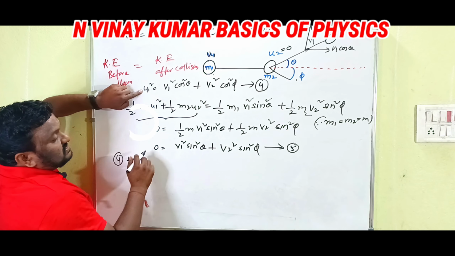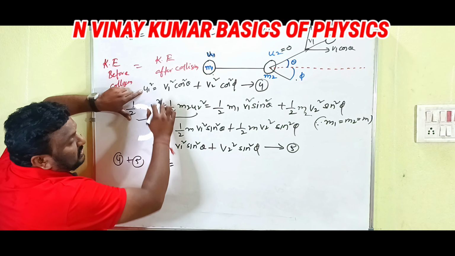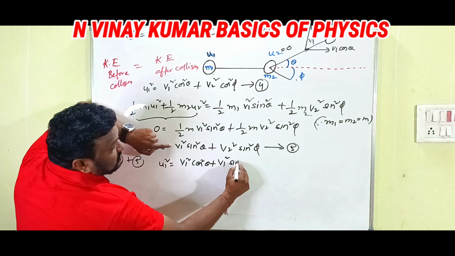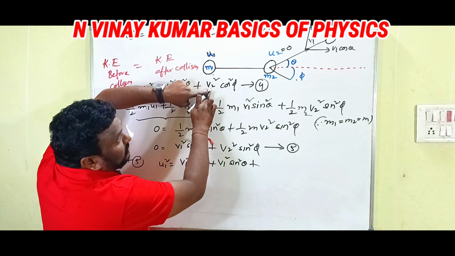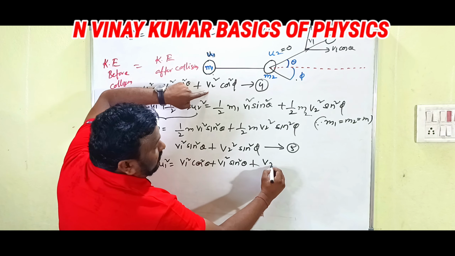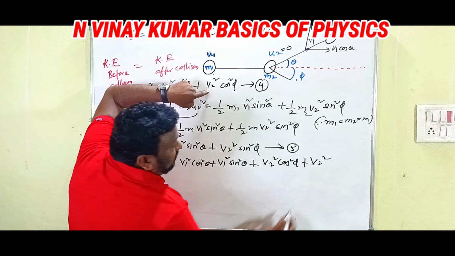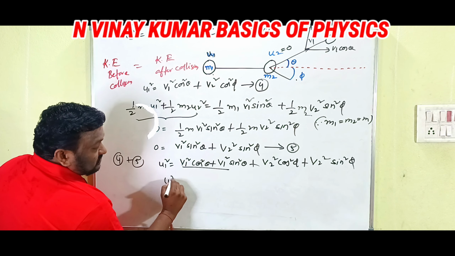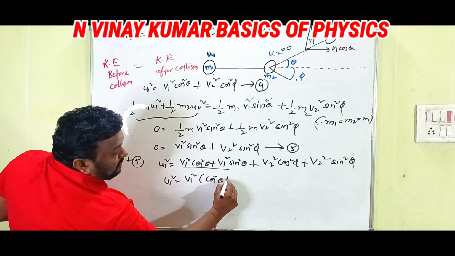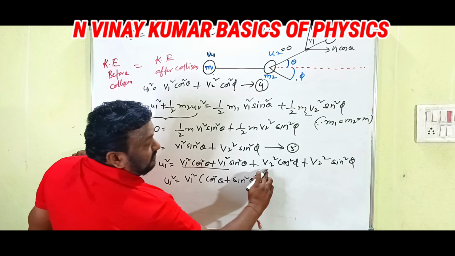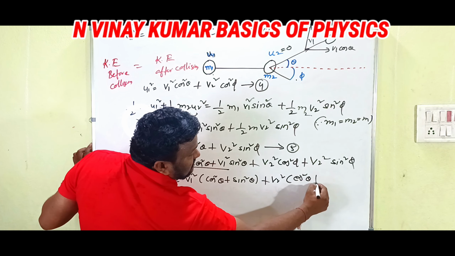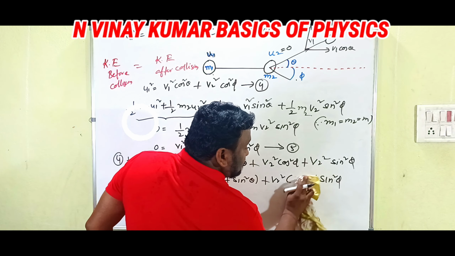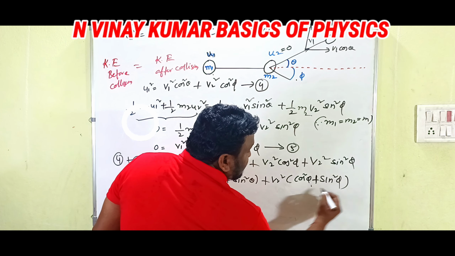What do we get? u1² plus 0, that means u1² equals v1² cos²θ plus v1² sin²θ plus v2² cos²φ plus v2² sin²φ, children. In these, v1² is common, so u1² equals v1²(cos²θ + sin²θ) plus v2²(cos²φ + sin²φ). This is cos²φ and this is sin²φ, children. Not to confuse.